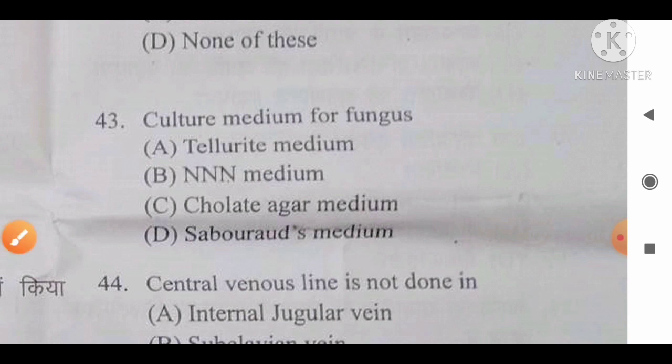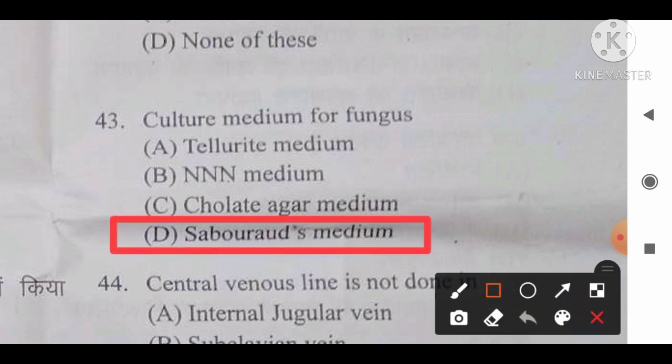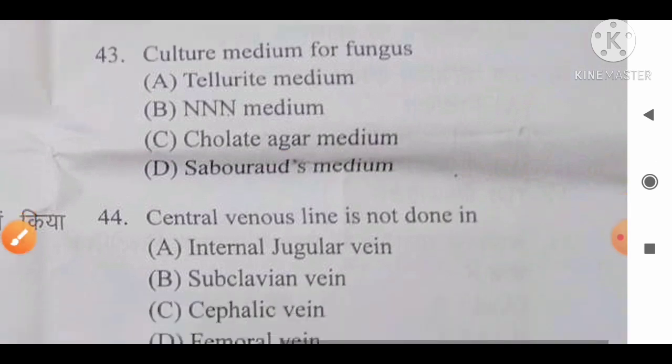So option D will be the correct answer for this question, that is the culture medium of fungus.